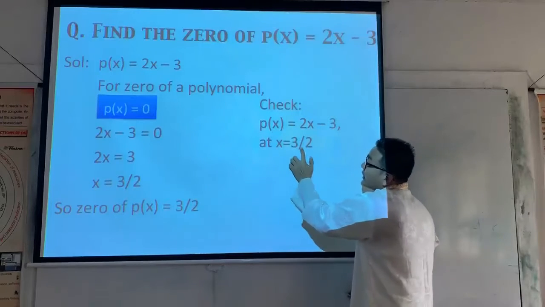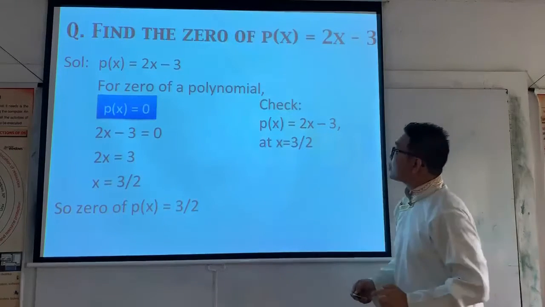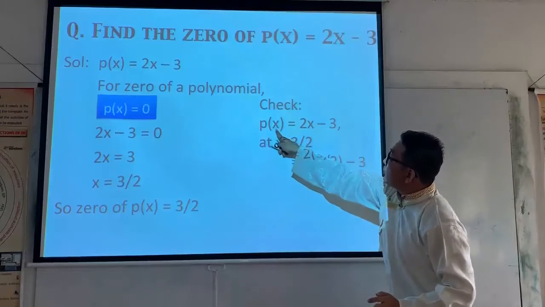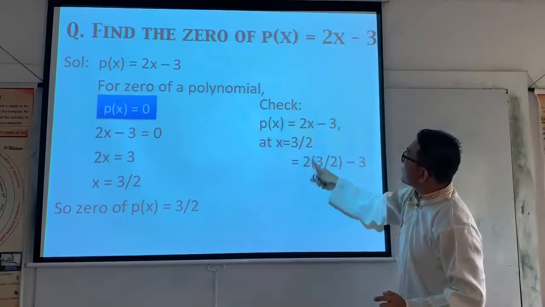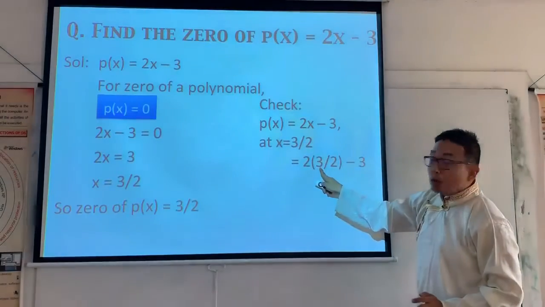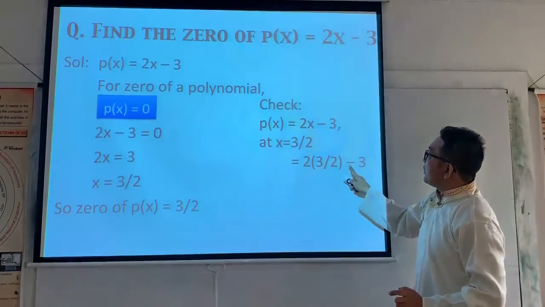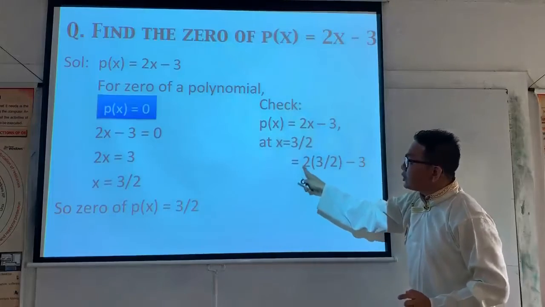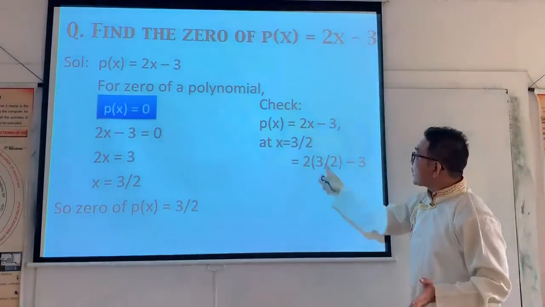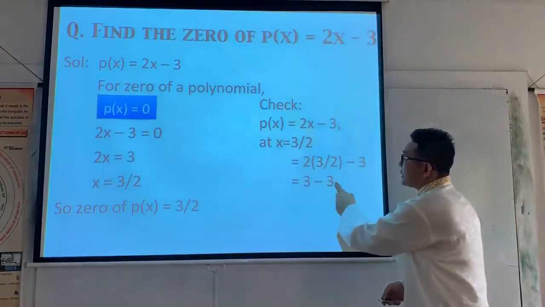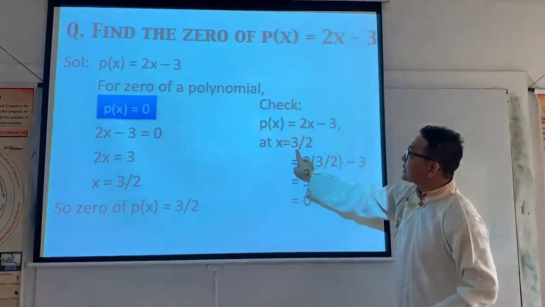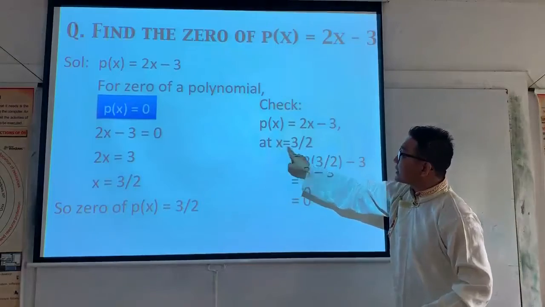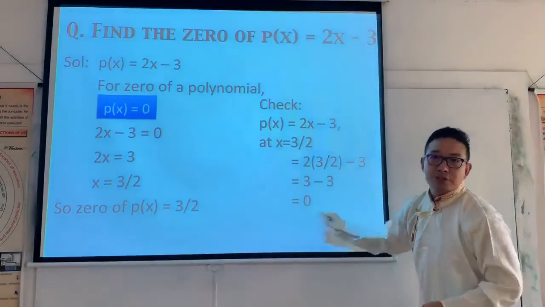So p of 3 by 2 equals 2 times 3 by 2 minus 3. The 2s cancel, leaving 3 minus 3, which is 0. So the value of the polynomial p of x at x equal to 3 by 2 is 0.